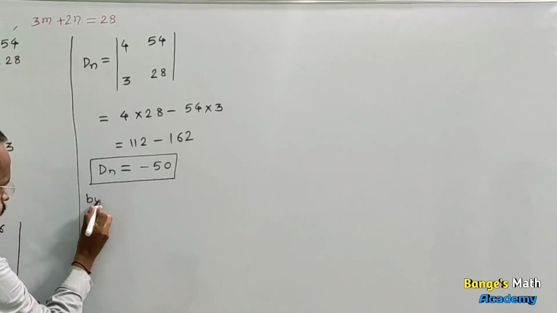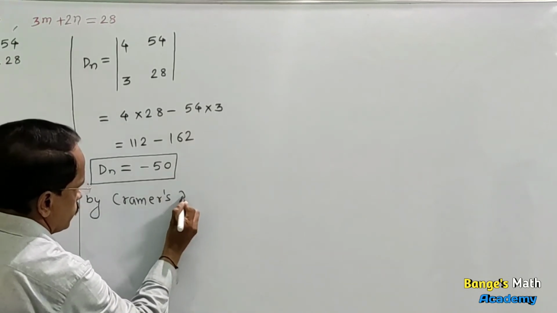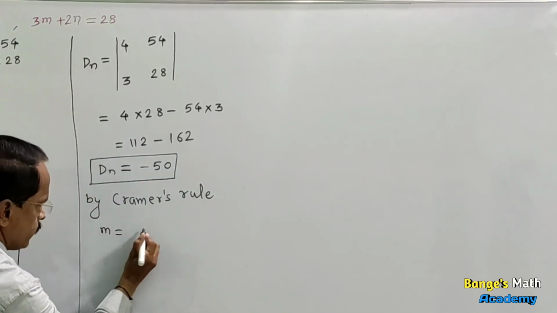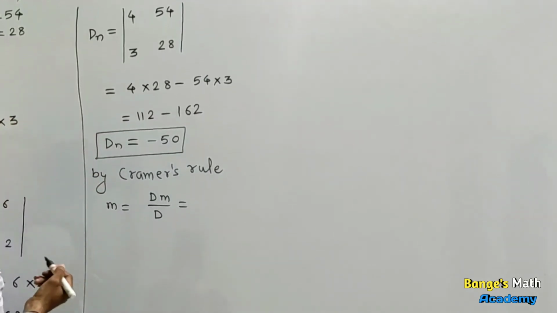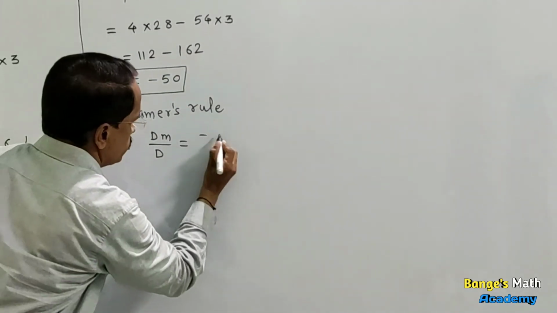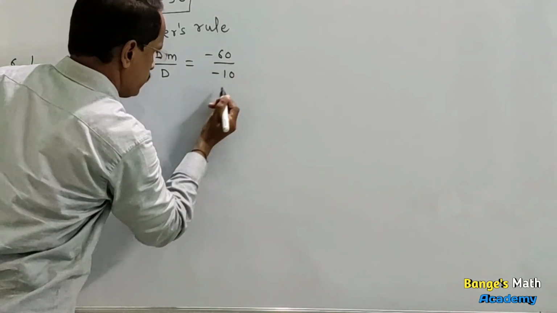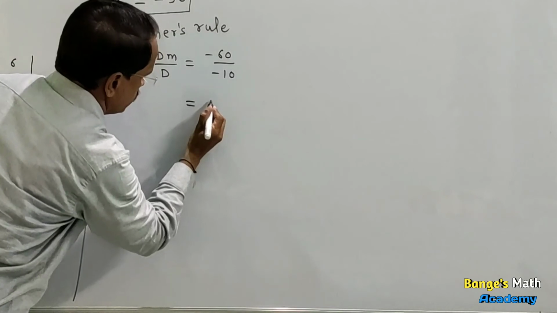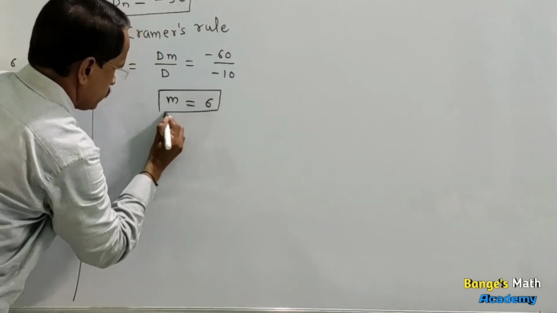Then by using Cramer's rule, m is equal to dm upon d, value of dm minus 60 upon value of d minus 10. By cancelling we get 6, m is equal to 6.